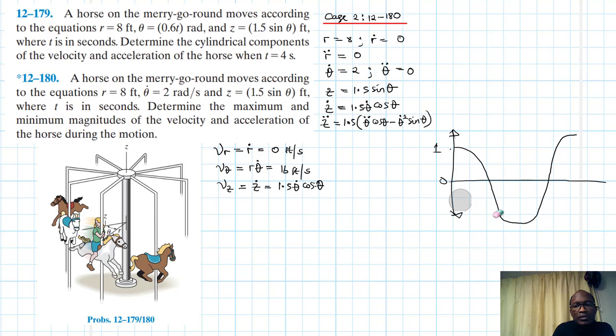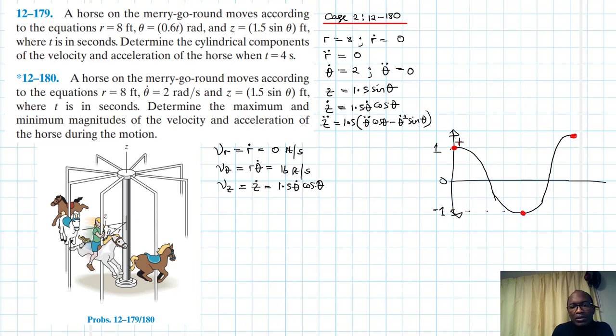Let me redraw it properly here, and this is -1. Alright, so let's look at the maximum points. So this is the maximum. I'm just looking at absolute values.